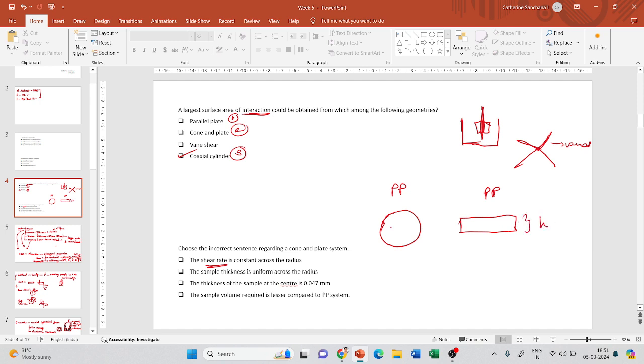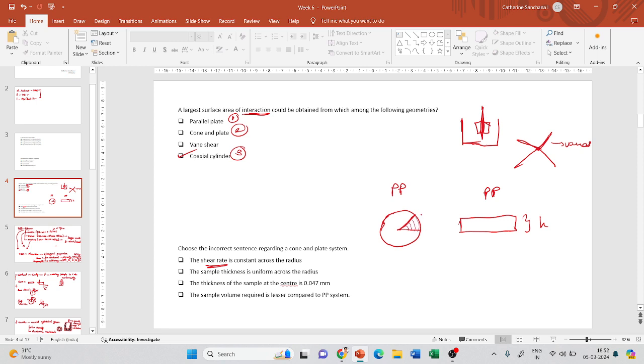But this shear rate will be constant only at the outermost radius, because the variation of strain with radius also changes.